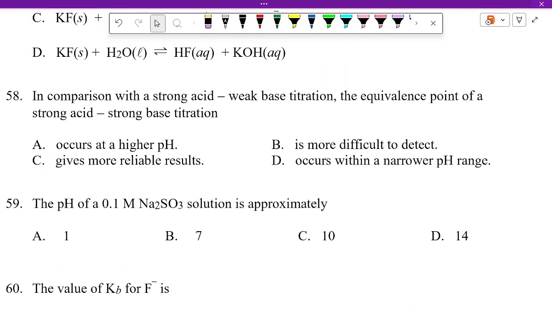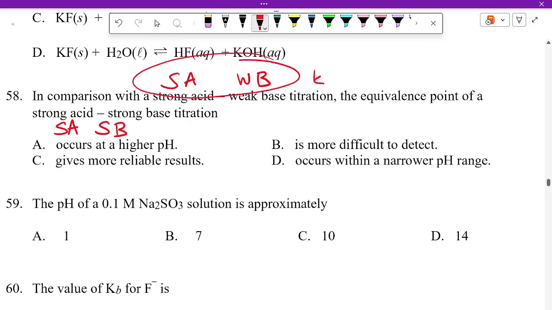In comparison with a strong acid, weak base titration, the equivalence point of a strong acid, strong base titration. So this one would give you the equivalence point. What would the pH be like? It would be less than 7.